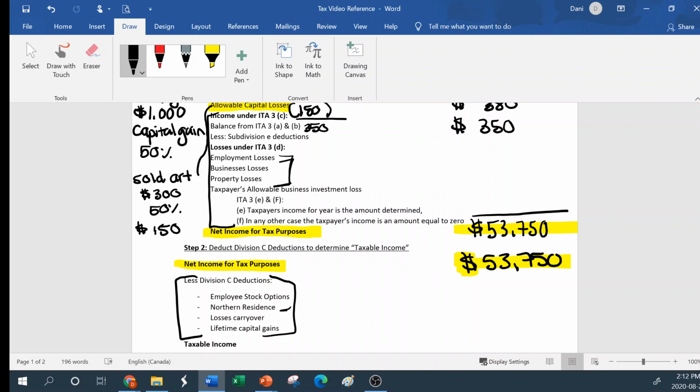So this step really is just going from net income for tax purposes, and we're trying to get to taxable income. And because we're not going to dive into details, it's just going to be the exact same number. So it's going to be our $53,750. And now instead of it being called net income for tax purposes, it's going to be called taxable income.